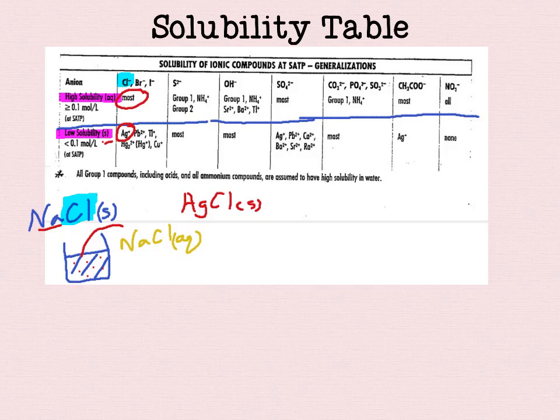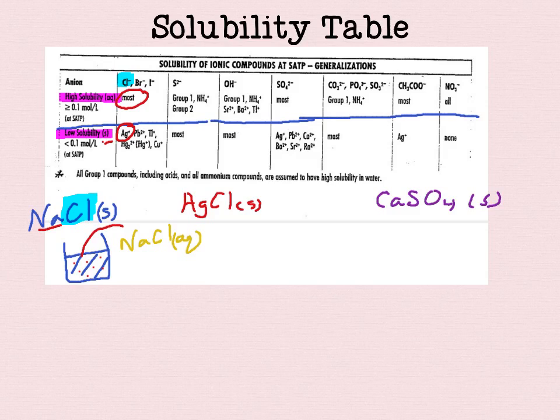Let's take another example. Say you're working with another common compound. Say you had calcium sulfate, CaSO4. Now that's a solid, like all ionic compounds are. When you put that calcium sulfate into water, the question you want the table to answer is, will that calcium sulfate dissolve or will it stay a solid?